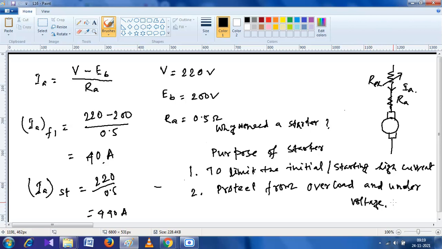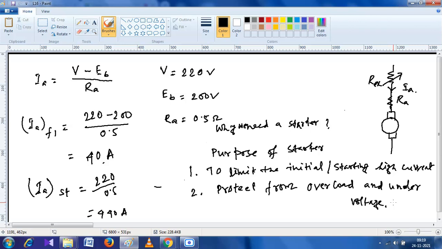Write down these two purposes of starter. Number one is to limit the initial or starting high current, and number two is to protect the motor from overload and under voltage. These are the two purposes of starter.